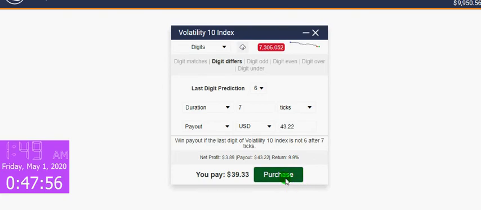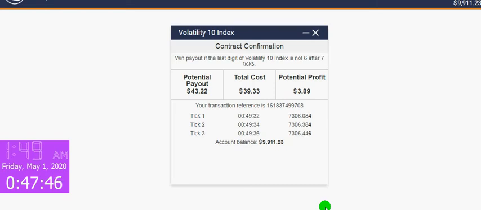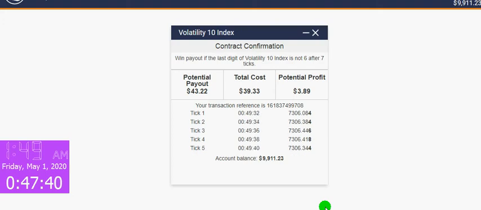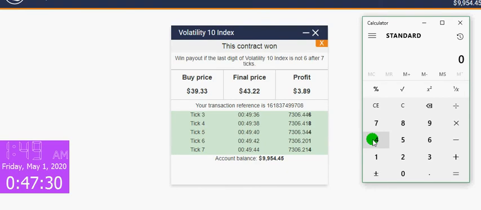Once you see 7, that's 157 there. So as you can see, we won the third trade. We'll go for the fourth trade.